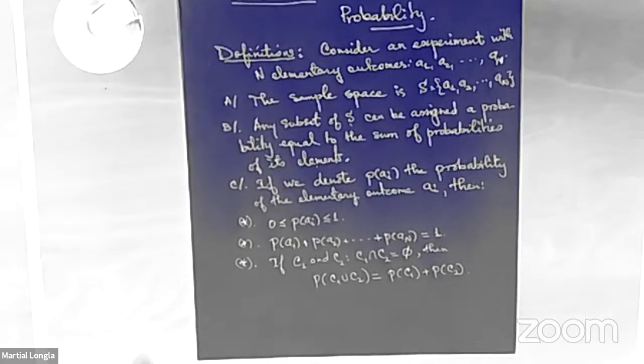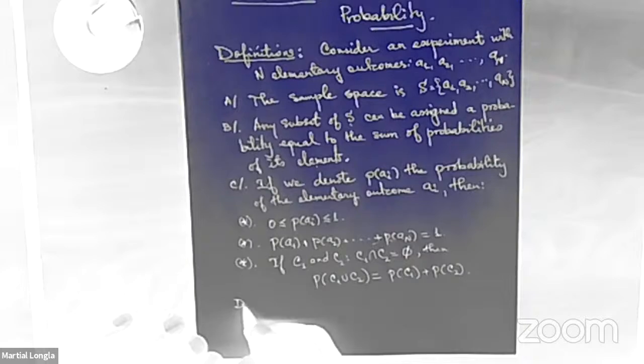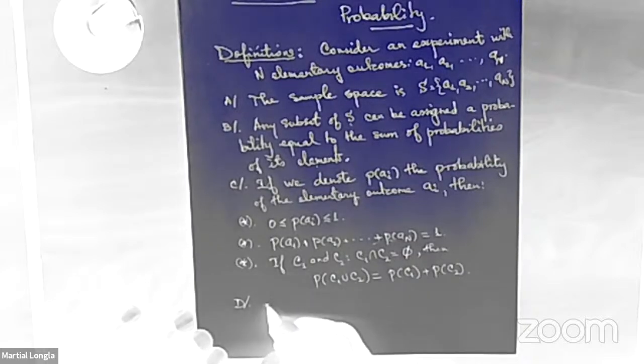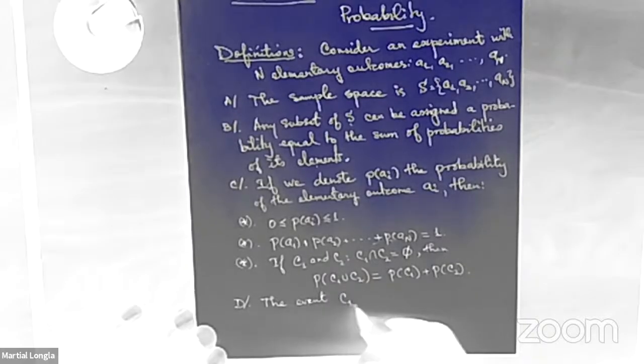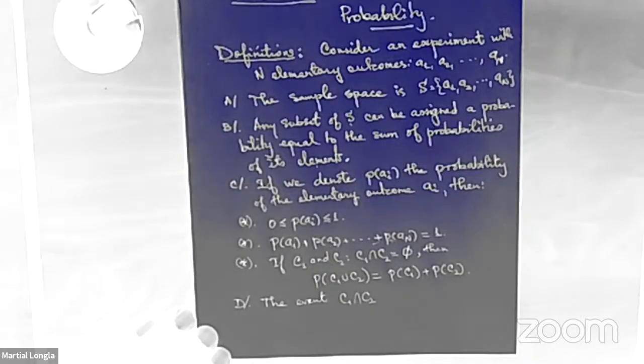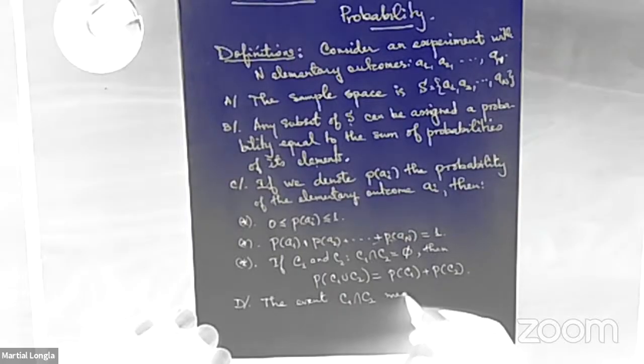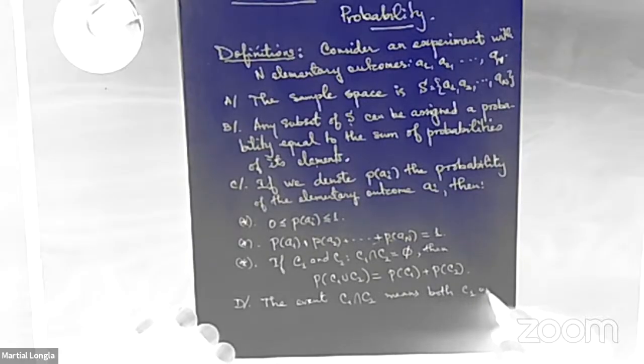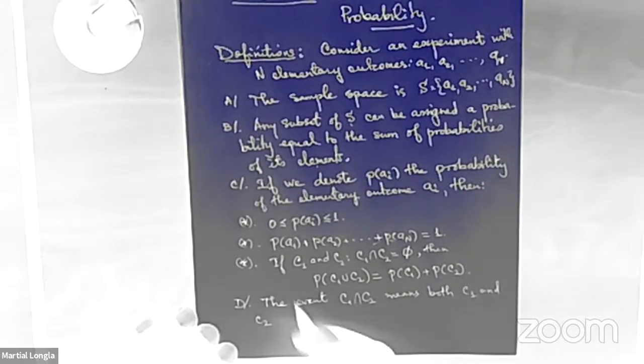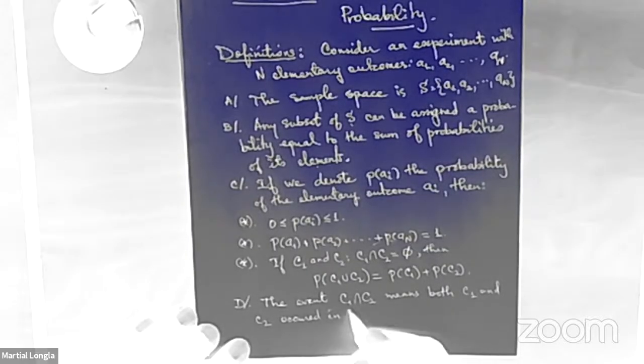And now you might be asking yourself, what does this mean and what does that one mean? I'm providing the definition for that now. So the event C1 and C2, contrary to how you would be thinking logically, means both C1 and C2 occurred in the experiment.